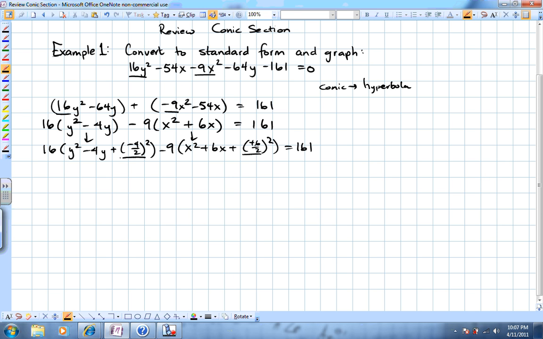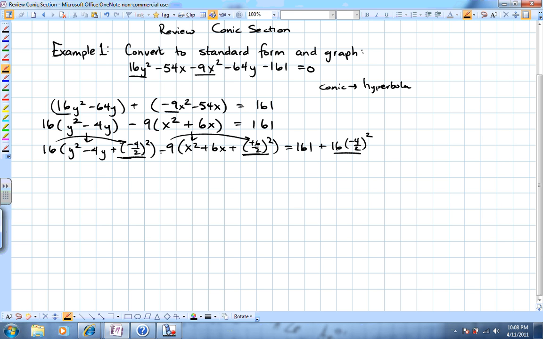I am underlining this right here to emphasize that I added that, and so to maintain equality I have to make sure that I add it to the other side. Now there are 16 of these in front when we factored it out, so make sure that you add 16 of these to the other side.